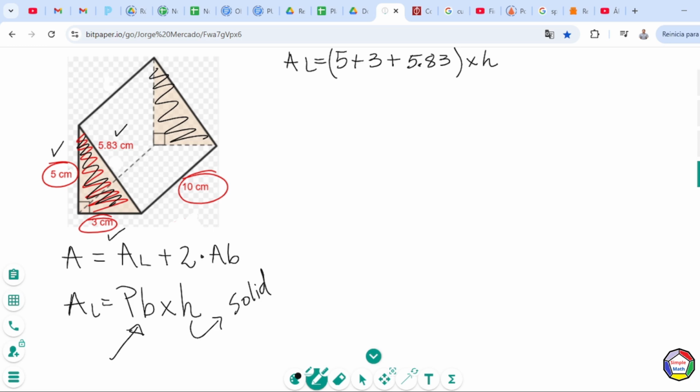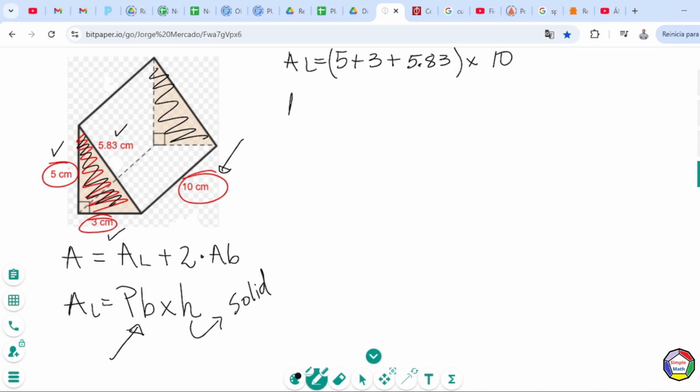But in this case, this is the height of the solid. What is the height of the solid? As you see, the height of the solid is this one. So everything we have to multiply times 10.